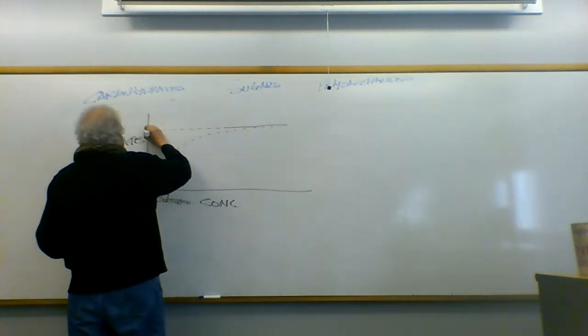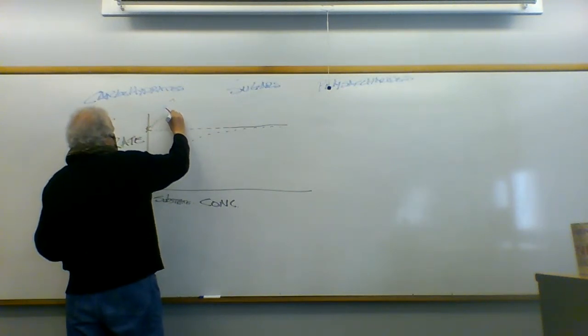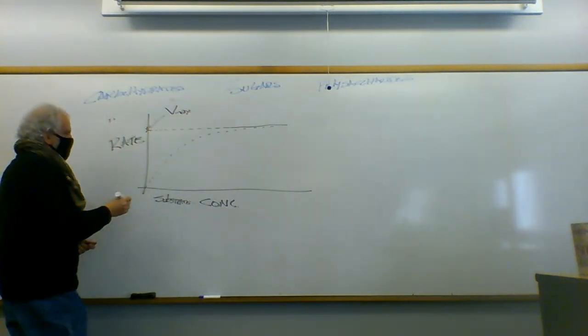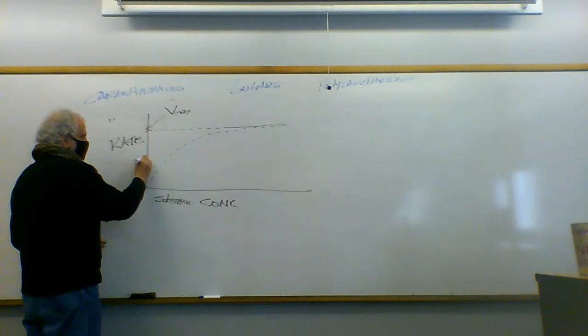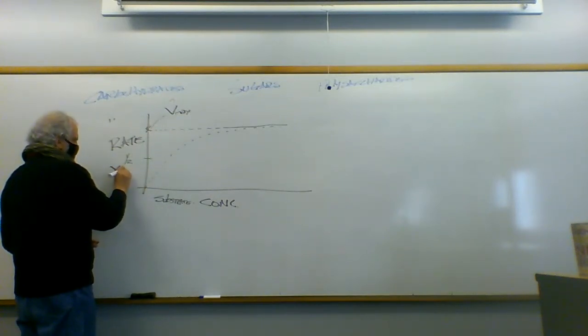So we then have this idea of this point, this rate, being the maximum velocity, or Vmax. And we can then make a comparison at 1/2 Vmax.